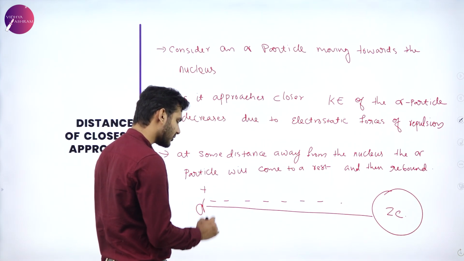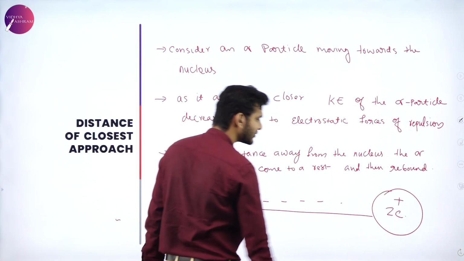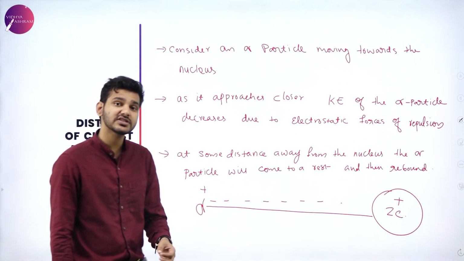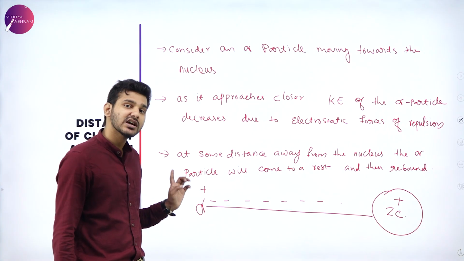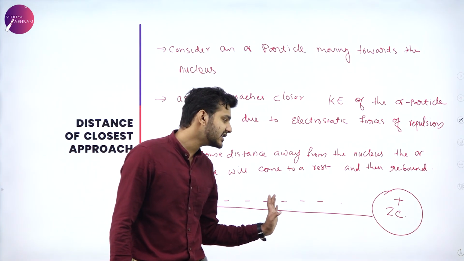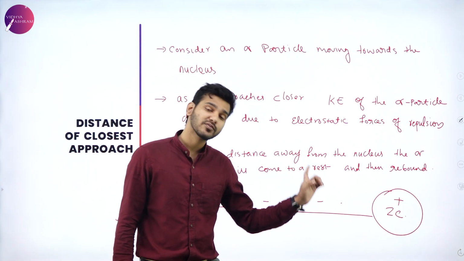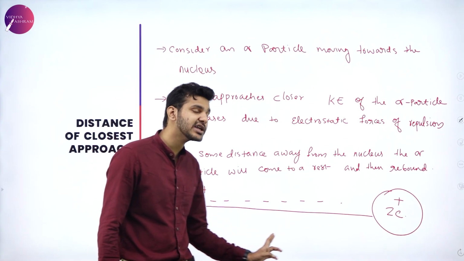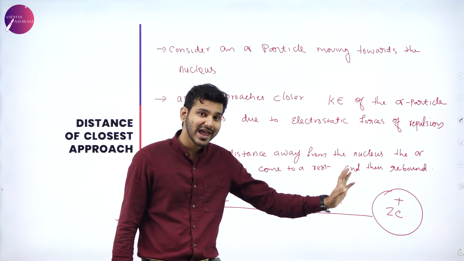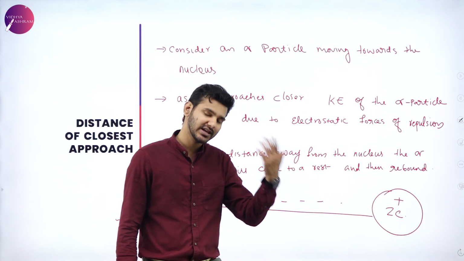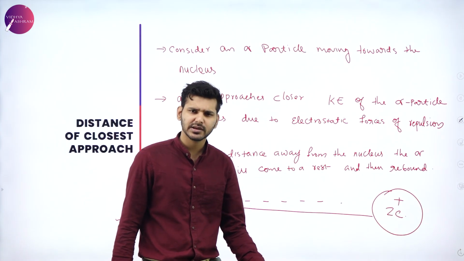Since this is also positive charge and this is also positive charge, due to Coulomb's repulsive forces, the alpha particle starts to get repelled as it gets closer and closer. At one point, the entire kinetic energy of the alpha particle decreases and fades away, and it gets converted into electrostatic potential energy.